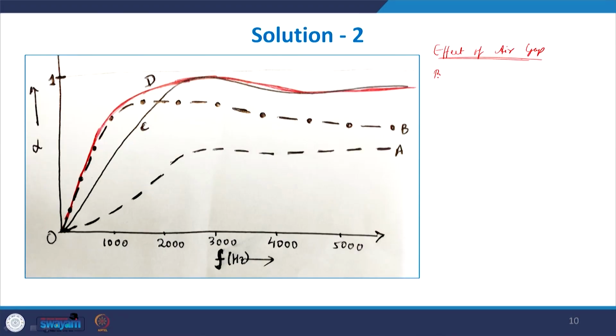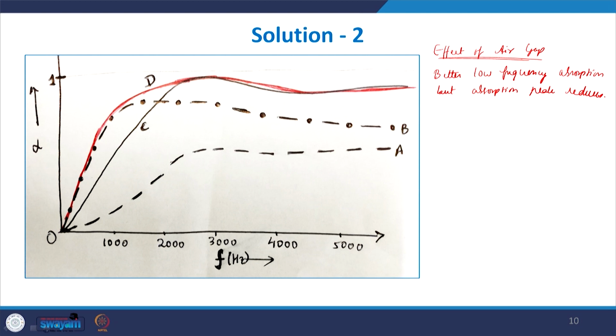Experimentally it has been found that when you introduce the air gap, the performance at low frequencies increases slightly, but the overall maximum peak of absorption reduces. So there is relatively better performance at lower frequencies, but the peak of the absorption reduces. That is the effect: better low frequency absorption, but the absorption peak or magnitude reduces.